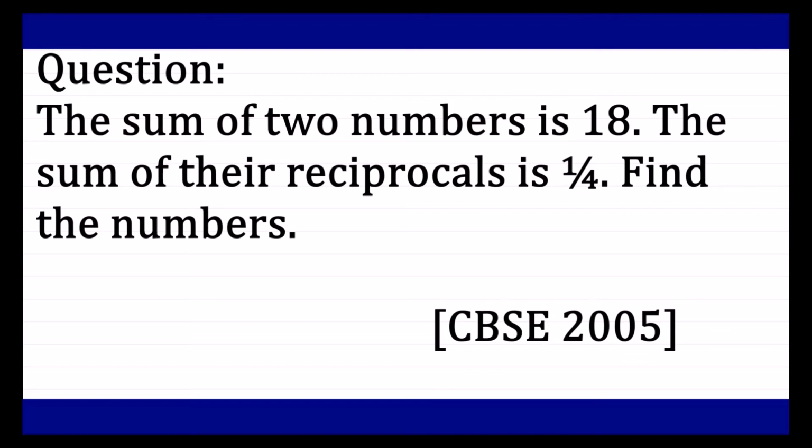Now here, as per the question, it is given that the sum of two numbers is 18. And guys, we do not know these two numbers. So let us assume that the two numbers are x and y, because we do not know these two numbers. As per the question, the sum of two numbers is 18.